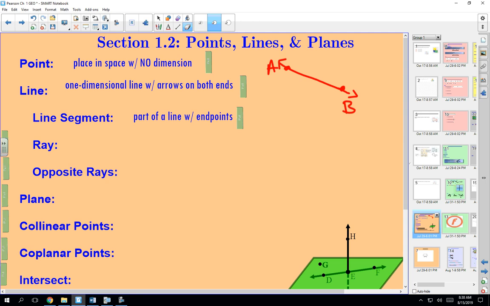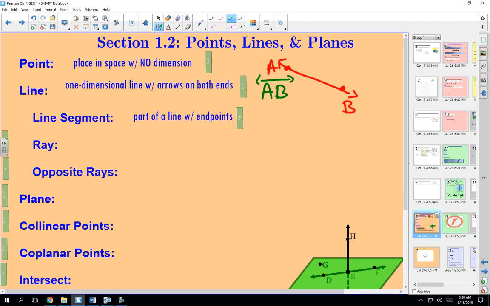When it comes to a line segment versus a line, we have different symbolism that we use. If I want to talk about line AB, I write AB and put a little symbol over the top that has arrows on each end.